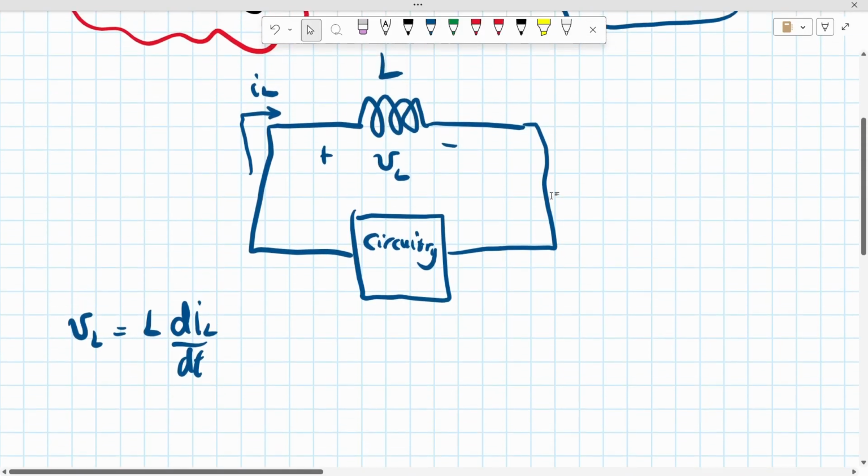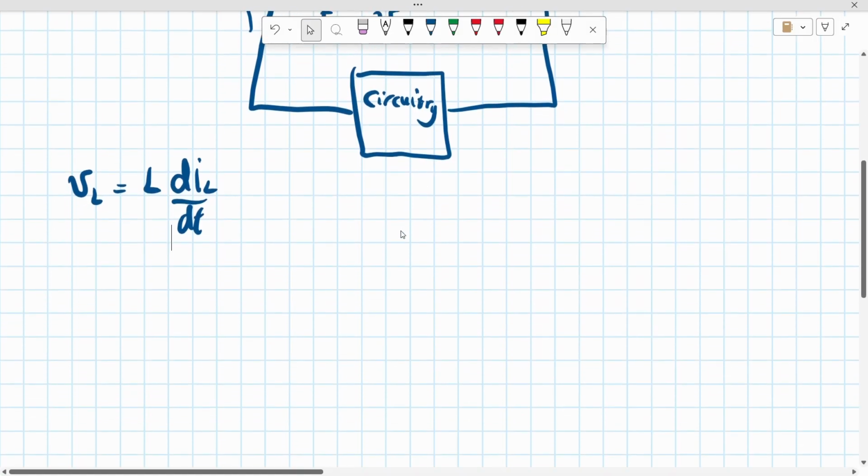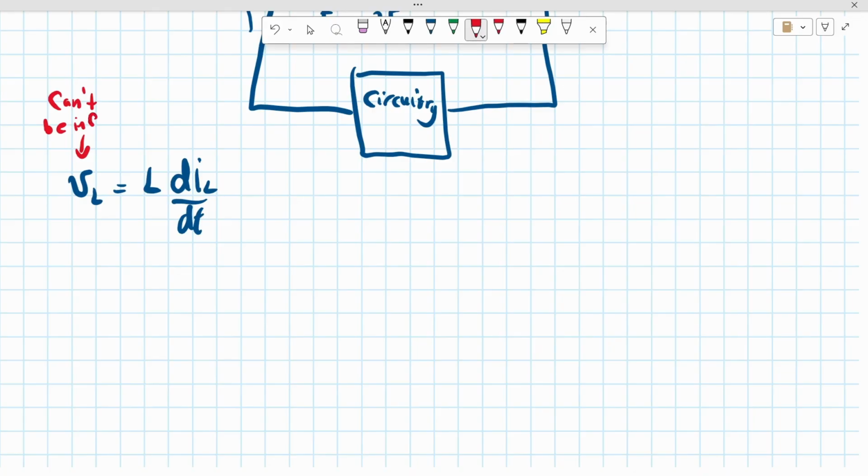Okay, what does this mean, Mr. Inductor? He says that this means a lot of things. The first thing, we can say that this voltage cannot be infinite. So this rate of change of current cannot be infinite, which means that the current inside this inductor cannot go from a certain value to another one instantly, like this.